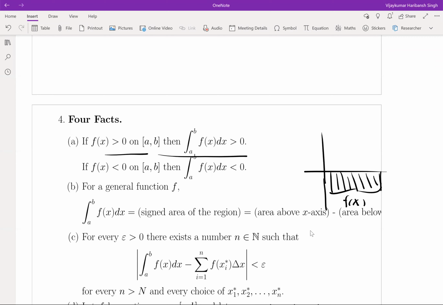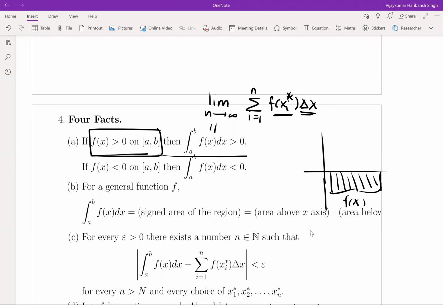This is given by the limit as n goes to infinity of summation i going from 1 to n of f of xi star delta x. Now, delta x is positive, and if f of xi star is positive for each i, which is the case because f of x is greater than 0, that means you're multiplying two positive quantities.